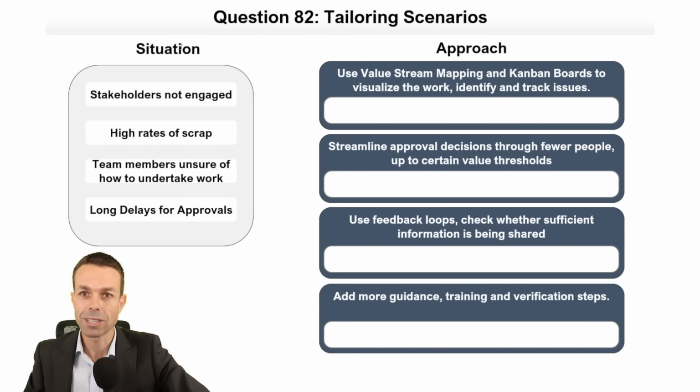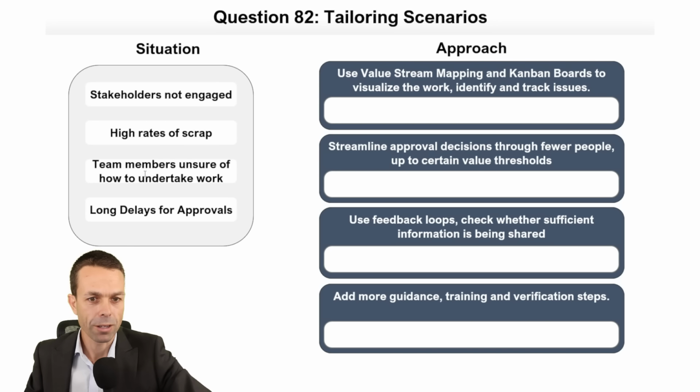Oh, so we've got the approach and the situation here. So if stakeholders are not engaged, let's have a look. Well, which way do we do this? Let's start on the right-hand side. When do we use value stream mapping and Kanban boards to visualize the work and track issues?